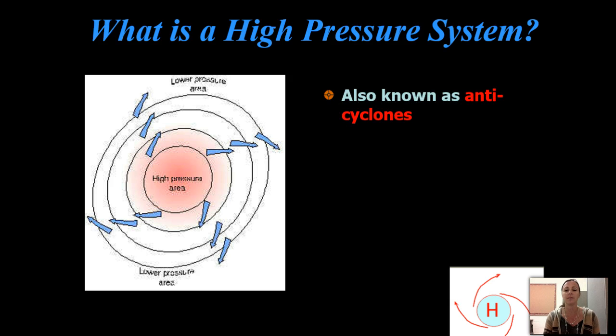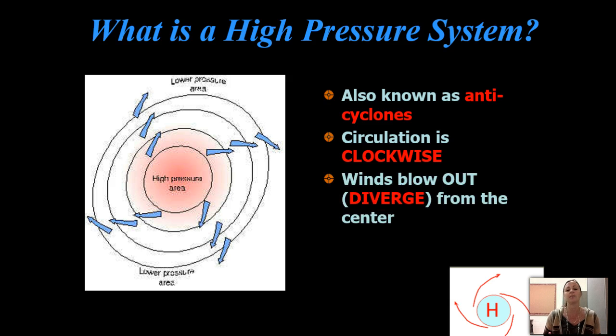High pressure systems are also known as anticyclones, and their winds blow in a clockwise circulation. Winds blow outwards, or diverge, from the center.